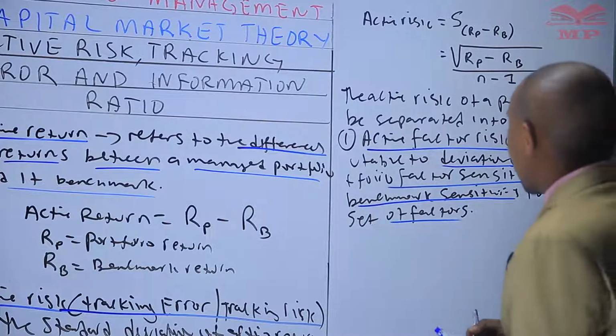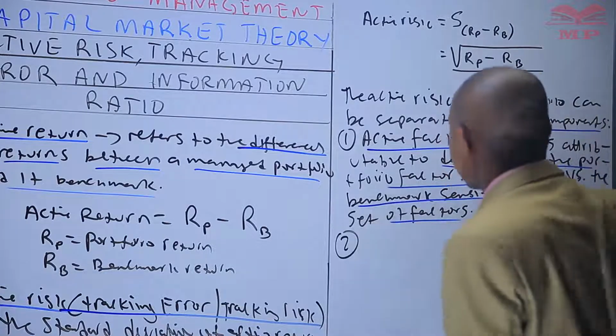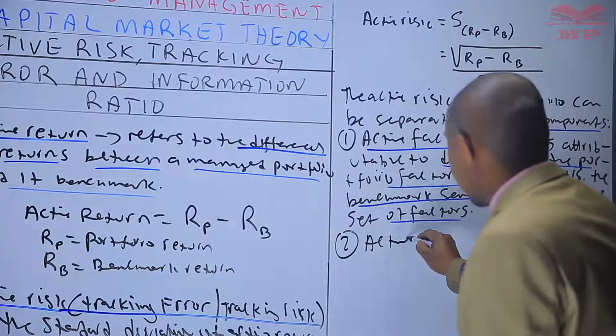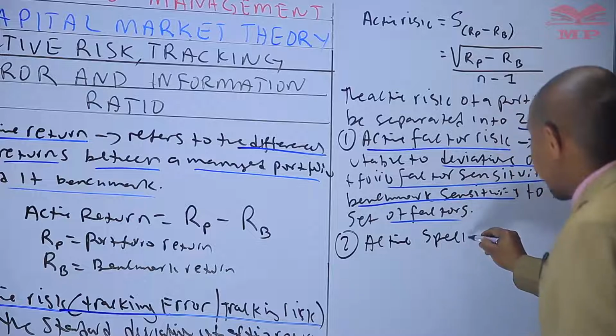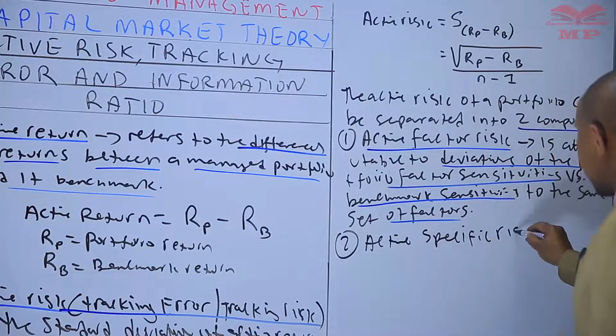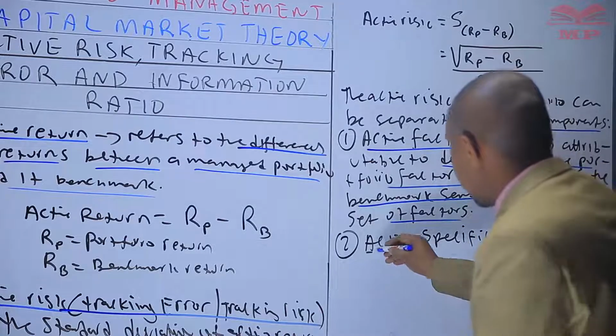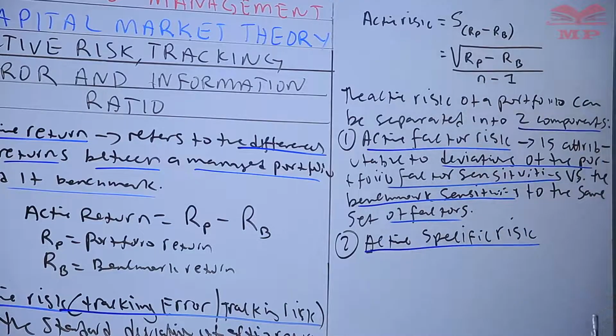The second component, number two, active specific risk. Underline it for consistency.